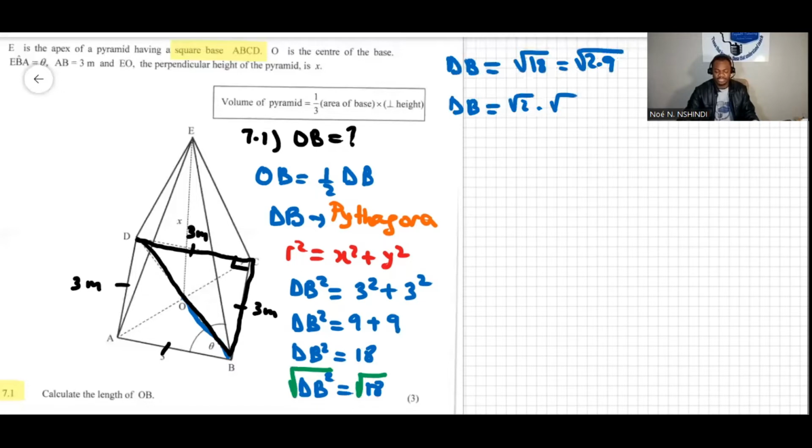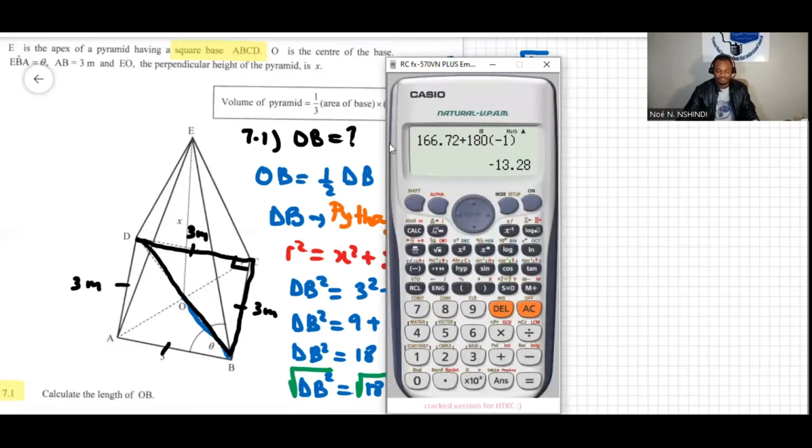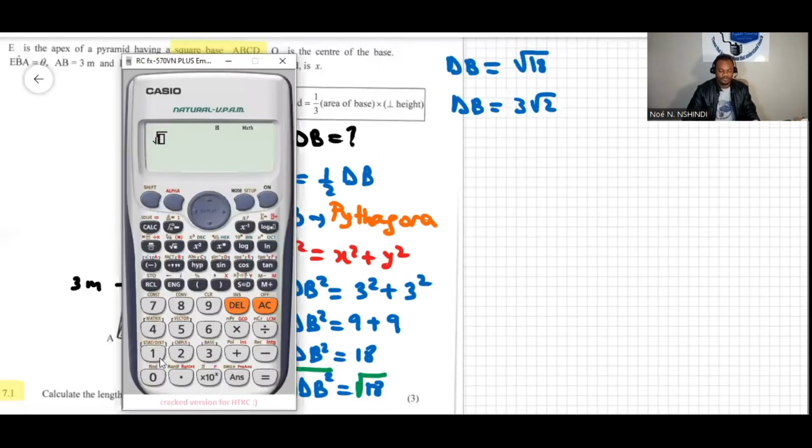The calculator can do that for us. We don't need to do all the steps. If you use a calculator, you're going to get 3 roots 2, but let's just check it out. Square root of 18 will be equal to 3 roots 2, yes.